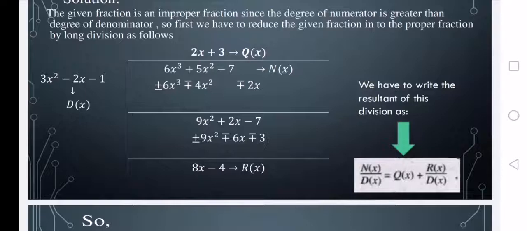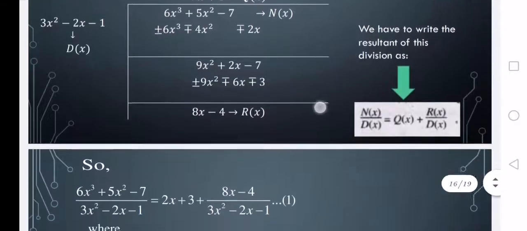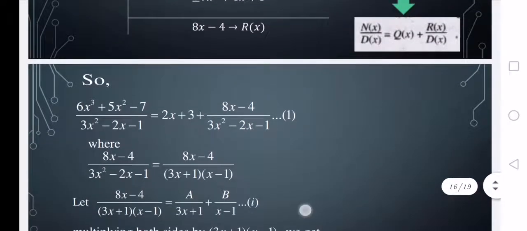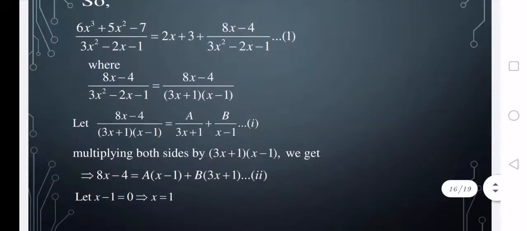Now Qx is 2x plus 3 plus Rx. Rx means 8x minus 4, and Dx is again 3x square minus 2x minus 1. So we write the respective terms in their own positions.